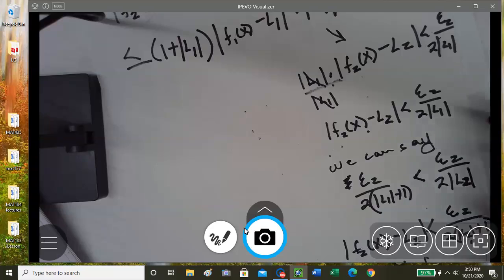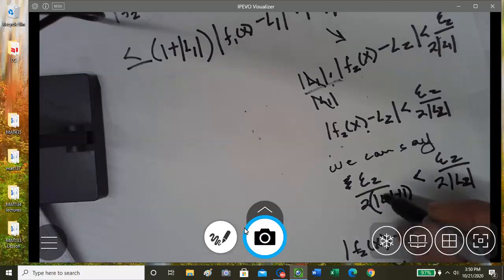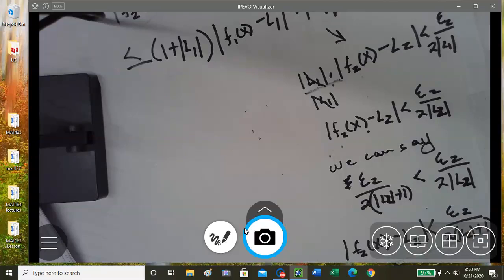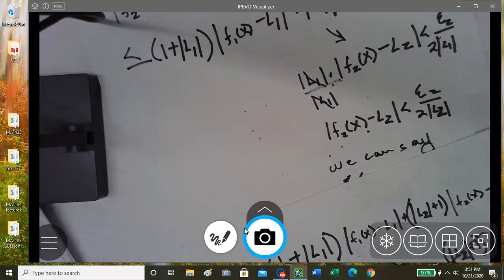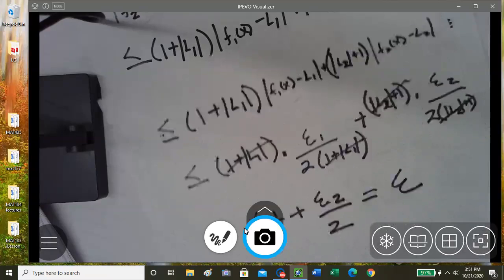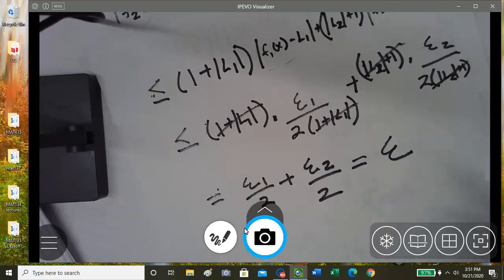This is all 2. These are all 2 here. So these two are going to cancel, and these two are going to cancel. So that leaves us with epsilon 1 over 2 plus epsilon 2 over 2, and that's going to equal epsilon, and that proves our function.